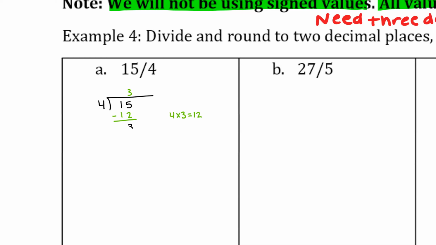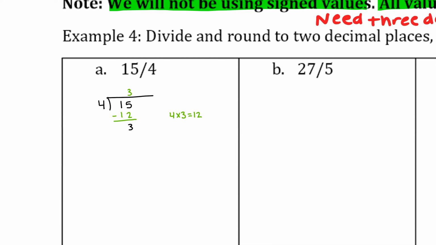So we've got 3 left over. Now, again, in the chapter on dividing whole numbers, we'd stop here and we'd say, okay, the answer is 3 with a remainder of 3. But what we need to do is now create a decimal so we can give a number which has 2 decimal places, or up to 2 decimal places.